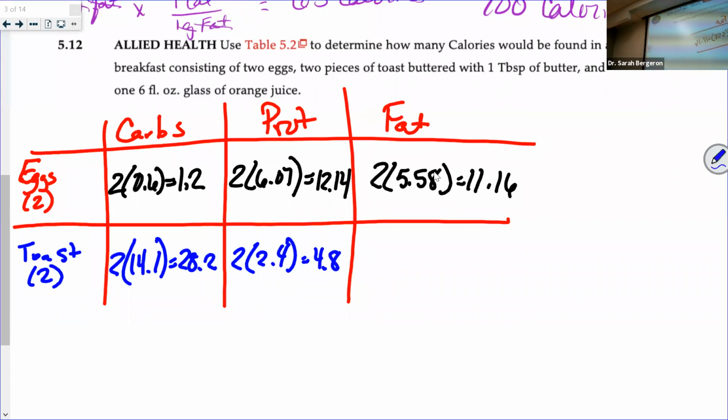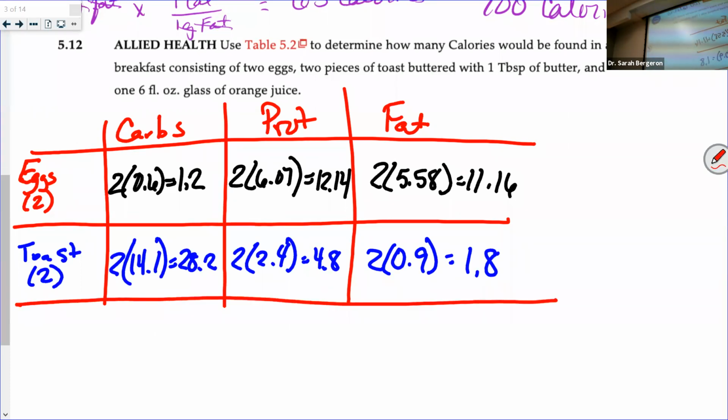And then fat, 2 times 1.8. But what did I put on my toast? Because what good is toast if you don't have a little butter on it, right?